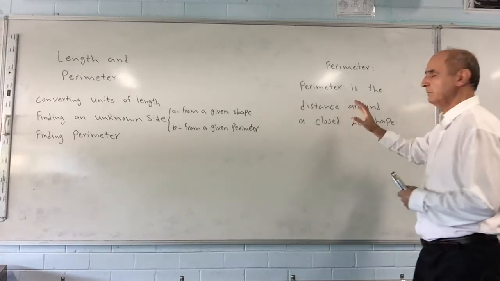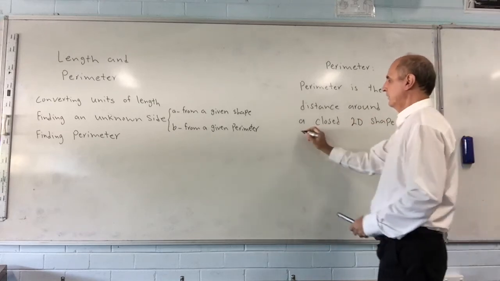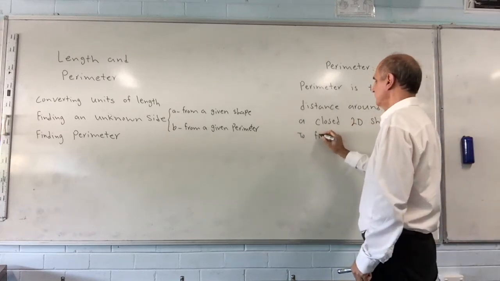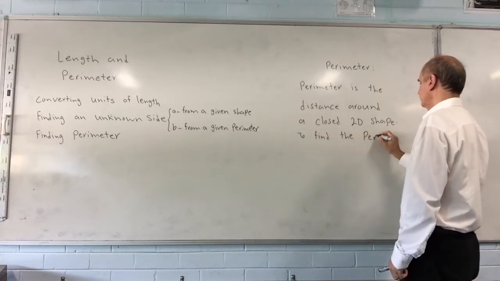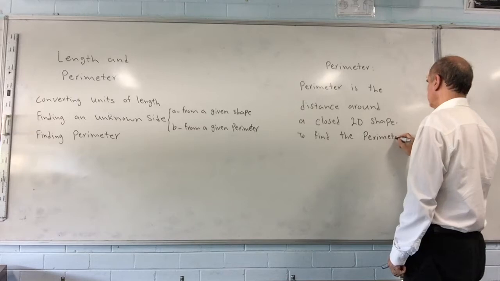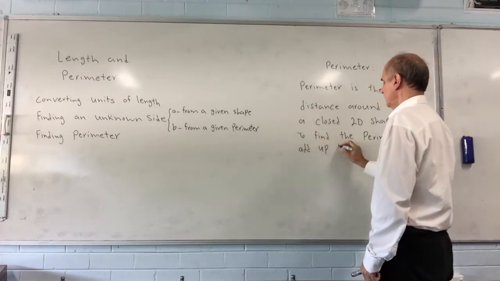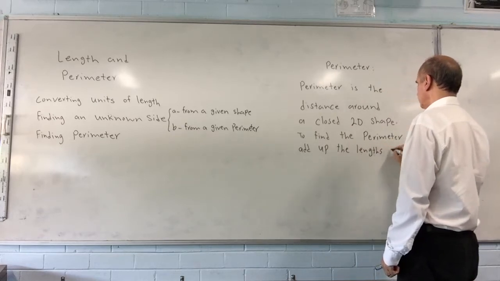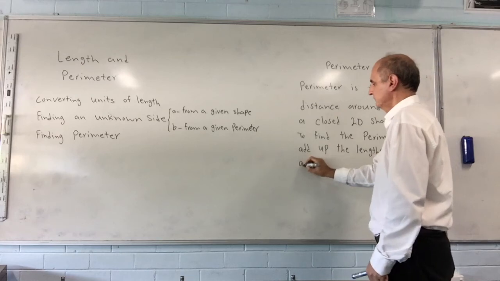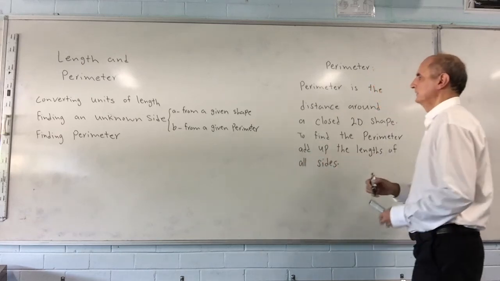So, to find the perimeter, add up the lengths of all sides. That is what we do.